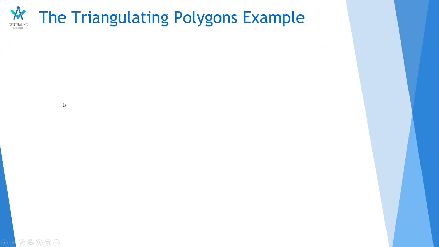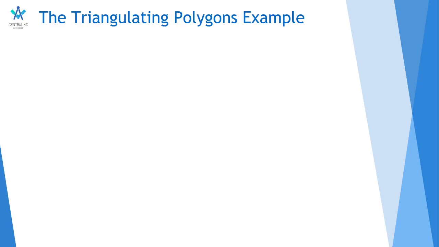So I do want to show you the example of triangulating polygons as I was talking about before. Let's define triangulating: you split the polygon into triangles, and there are multiple ways to do it, such that the vertices of the triangles are actually vertices of the polygon.